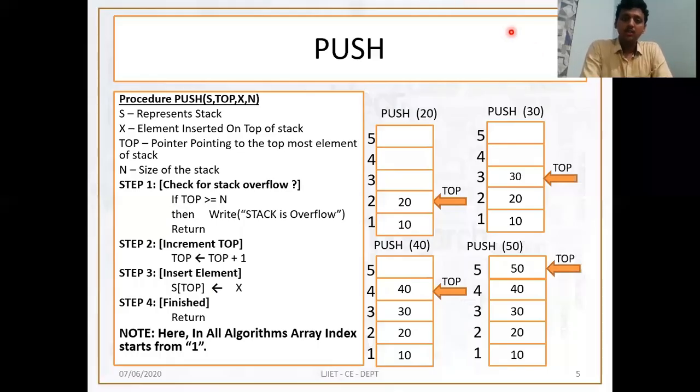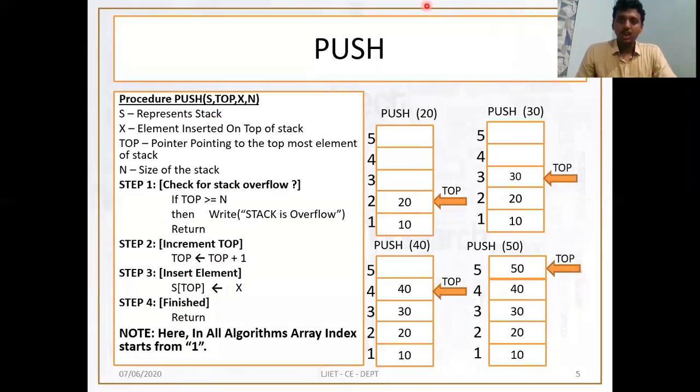To insert each element in the stack, the first step is to increment the top pointer, then insert that element x at position top, that will become S[top] ← x. We are not returning anything here, that's why the return type of the algorithm is procedure.